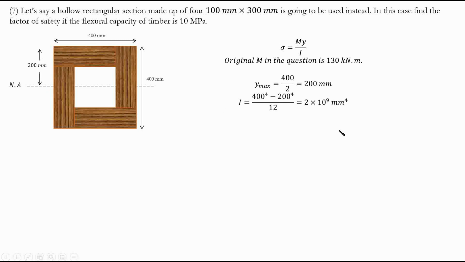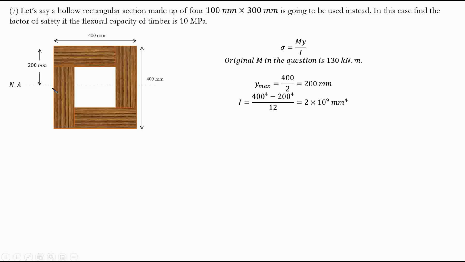And I is going to be like this. Again, you can consider this as a rectangle. So it's going to be the moment of inertia of this large rectangle or square minus this small square, right?